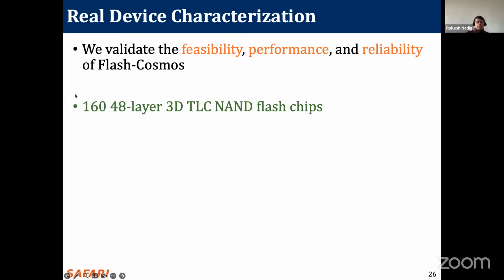So we use 160 different 3D NAND flash chips, and the number of word lines that we have tested is approximately 3.5 million.